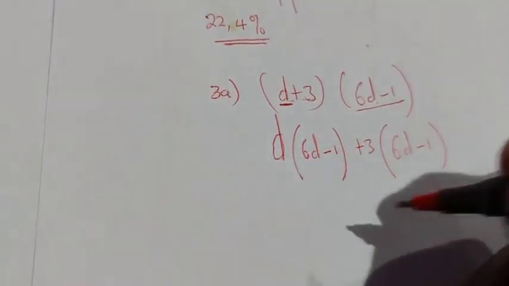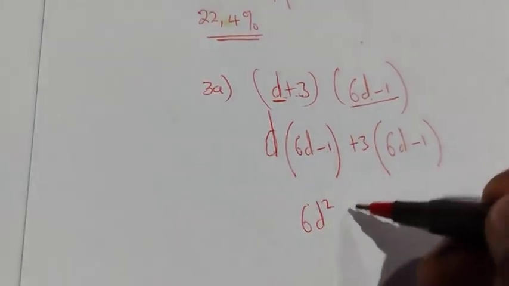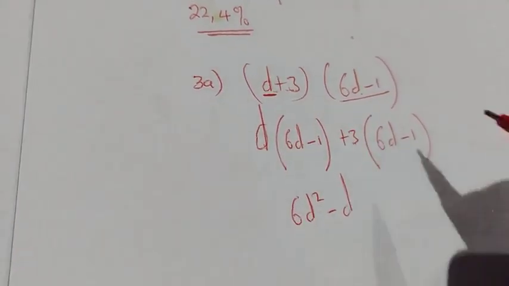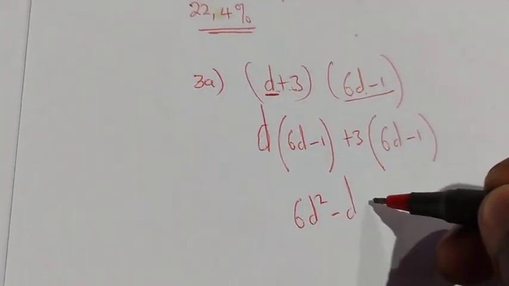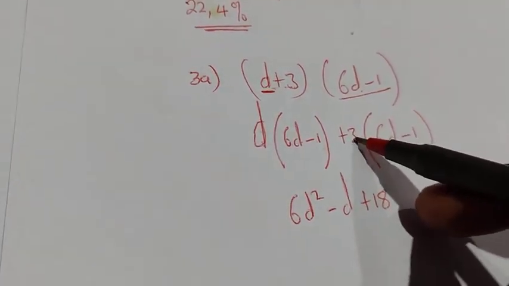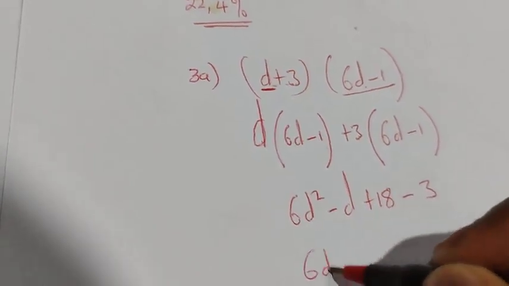d times 6d, that's 6d squared. d times minus 1, minus d. Plus 3 times 6d, that's plus 18d. 3 times minus 1, that's minus 3. Now we have 6d squared.